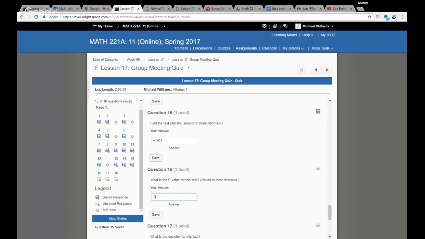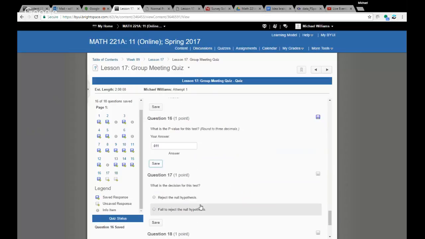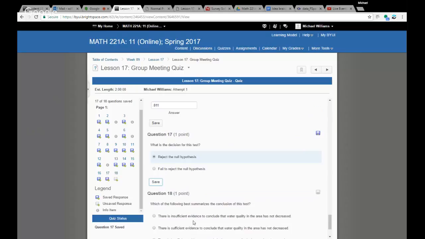If the p is low, reject the null. So that is going to tell us, because we're rejecting it, that there's sufficient evidence. I know that part of it. So now let's see what our question is. The researcher suspects the water quality in the area has decreased. We're rejecting that. So there's sufficient evidence to conclude that the water quality in the area has not decreased. Is that correct?